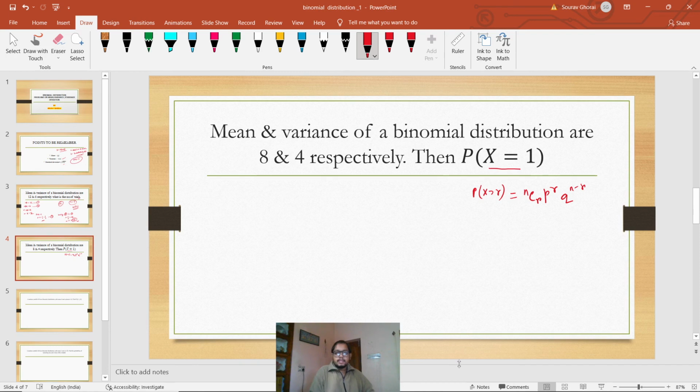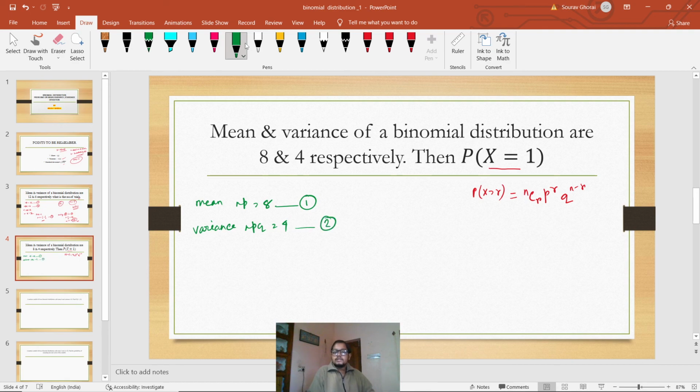So see that the mean and variance are given. That is, mean np is equal to 8. This is number 1. And variance npq is equal to 4. This is number 2.